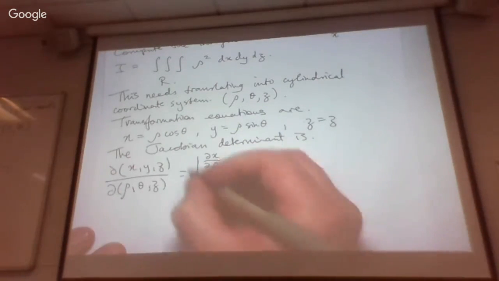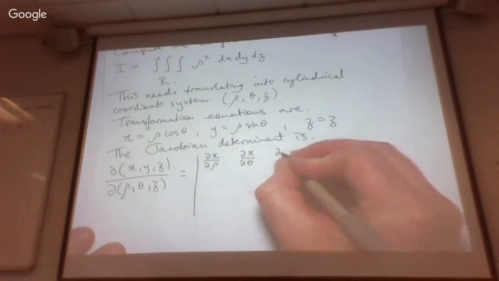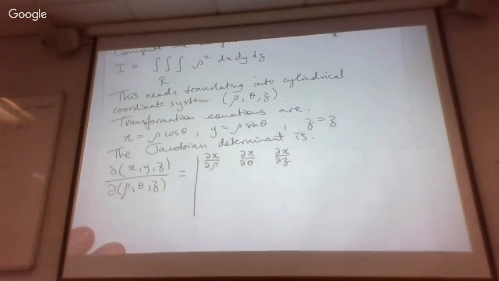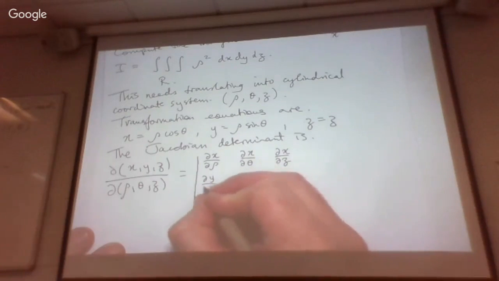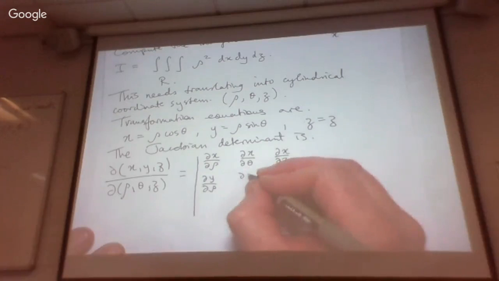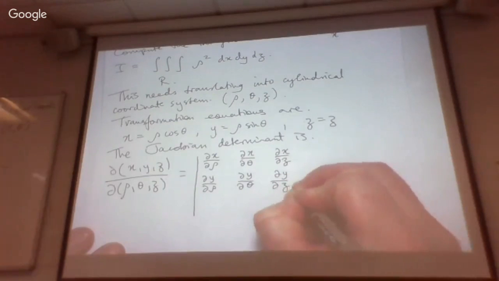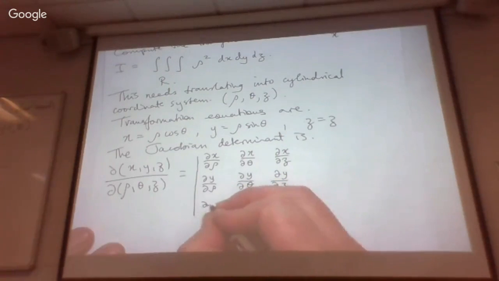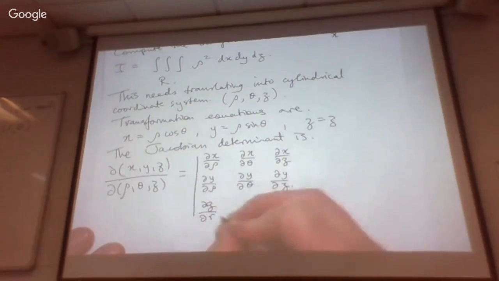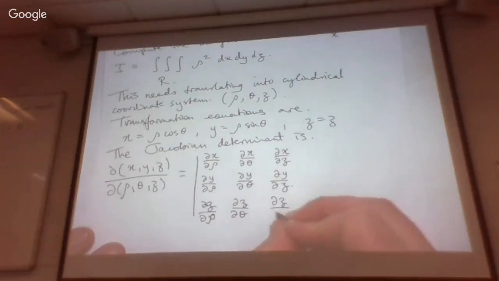Across the top row, you've got dx/d rho, dx/d theta, dx/dz. Then your y row: dy/d rho, dy/d theta, dy/dz. Then your z row: dz/d rho, dz/d theta, and dz/dz.